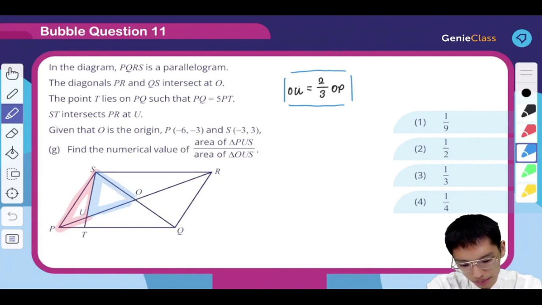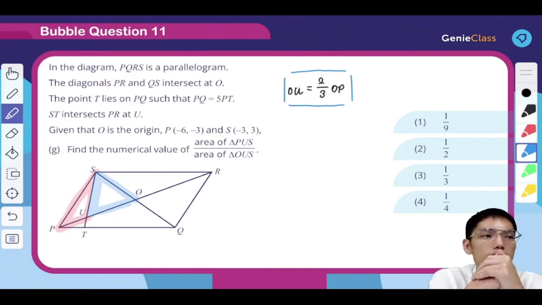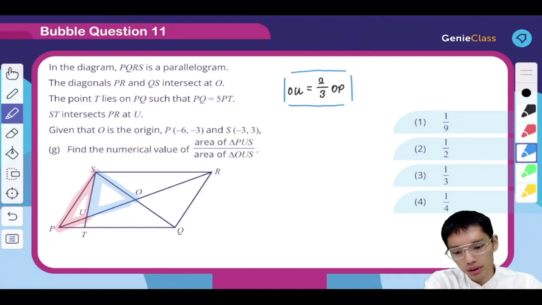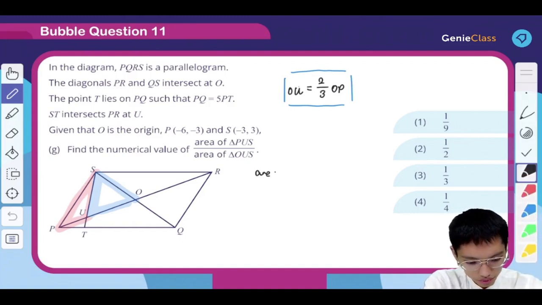Say for example, what is the fraction I am finding out? Take a close look. How do I find the fraction or ratio? Area of PUS over area of OUS.